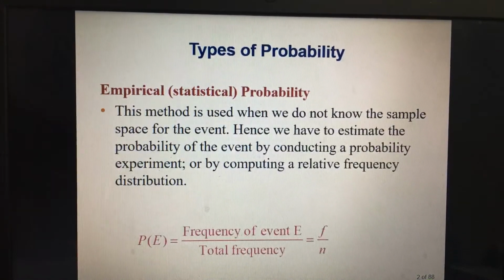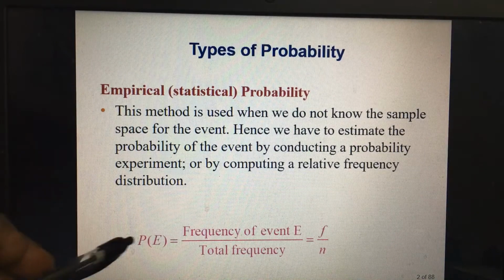The empirical, or what we call statistical and sometimes relative frequency probability. So in this method, unlike the classical probability where we already know the sample space, in empirical we don't know the sample space, which means that we have to estimate the sample space by ourselves using this formula here.